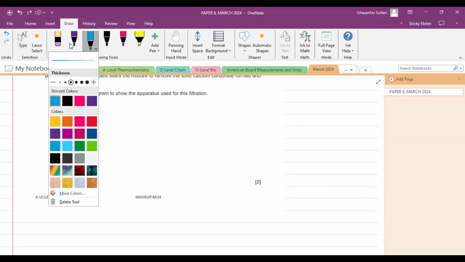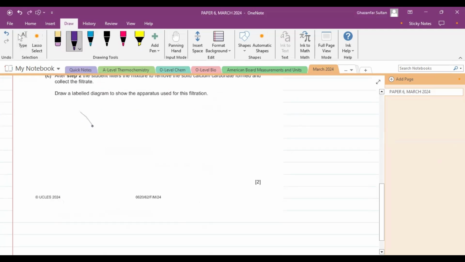So first I will draw it, and we should draw the simple one. Conical flask, filter paper, and here the filtrate.